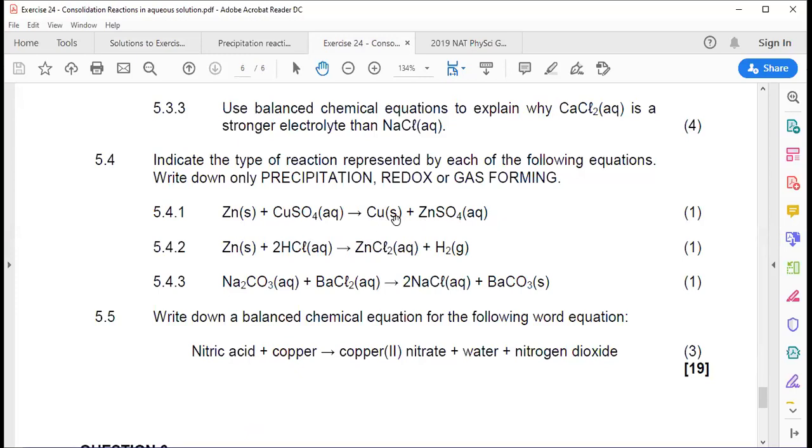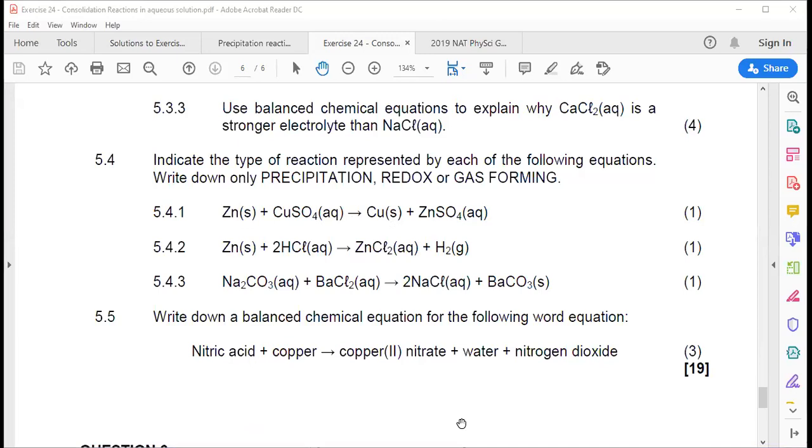Having a solid does not necessarily mean it's a precipitate. You have to verify whether it's gas forming, a redox, or a precipitation reaction. Obviously, because there's no gas, there's no way this can be a gas forming reaction.